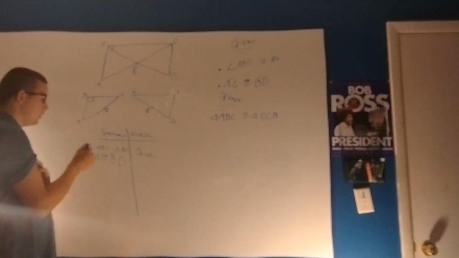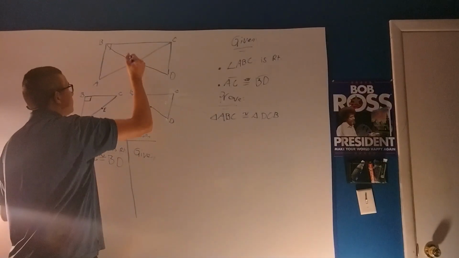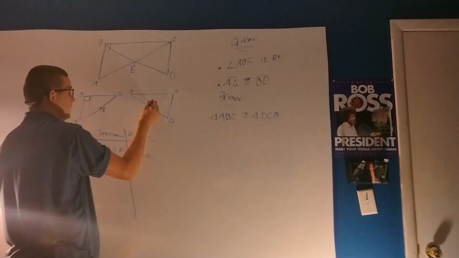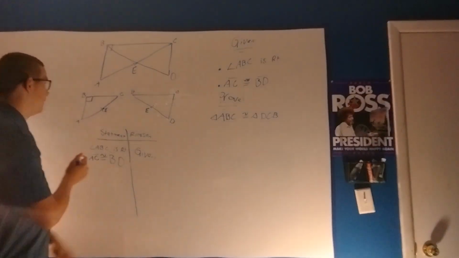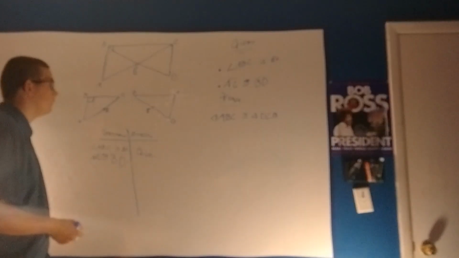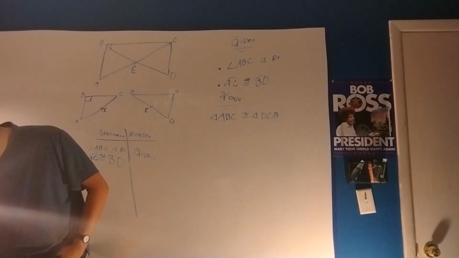And AC is congruent to BD. So this and this are congruent. So is that it? That's all the information we're given. Okay, yep.